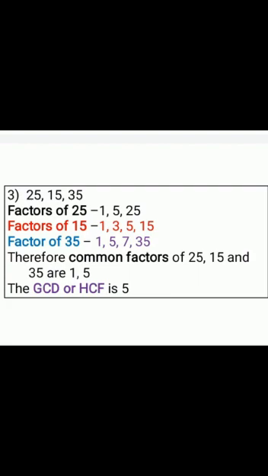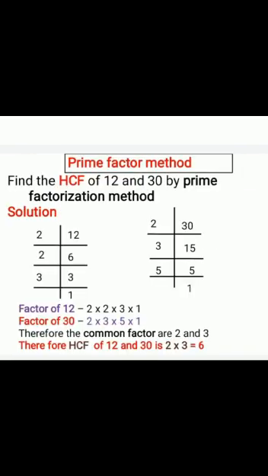And factors of 35 are 1, 5, 7, 35. Now, you are going to take out the common factors of 25, 15 and 35. Which is the common factor in all three? 1 and 5. So, the greatest common divisor or highest common factor of 25, 15 and 35 is 5.